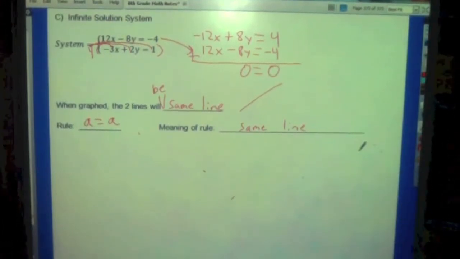So we could either have one solution where the two lines are going to cross, just like all the problems we've been doing in Chapter 8. We can have no solution, where the lines never cross, they're parallel. Or we can have infinite solutions, like this one, where they are the same exact line, and because of that, they're always crossing.